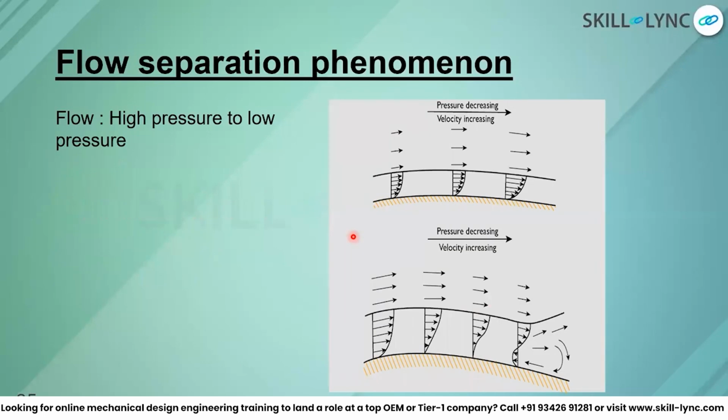Now, the flow separation phenomena: when flow separation happens, what are those conditions? Here we can see the flow is attached to the surface, meaning the no-slip condition, so the velocity of the fluid at these places is zero. On the top it is increasing. In this case the pressure is decreasing.